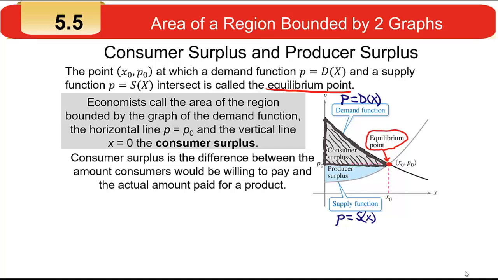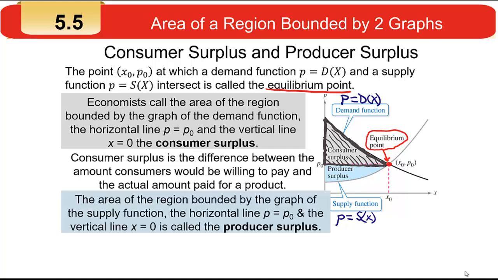That area is called consumer surplus. It's really the difference between the amount consumers would be willing to pay for something and how much they're actually having to pay for the product. On the other hand, the area bounded by the graph of the supply function and that same horizontal line, P equal P0, and the vertical line, X equals 0, that's called the producer's surplus.